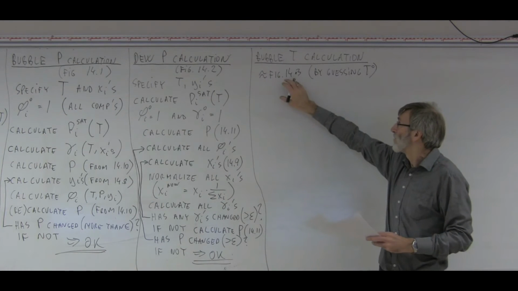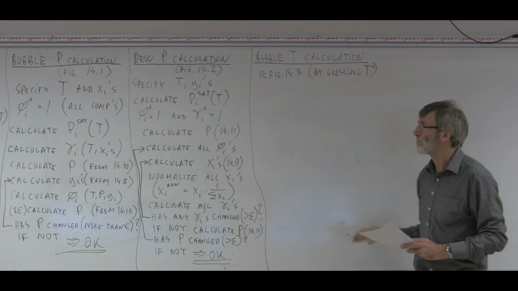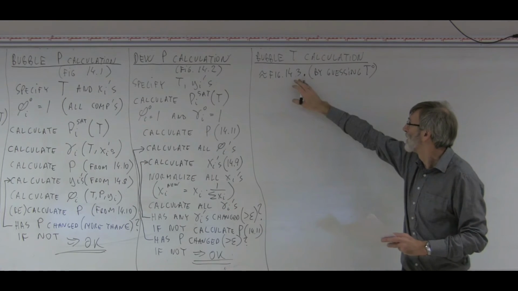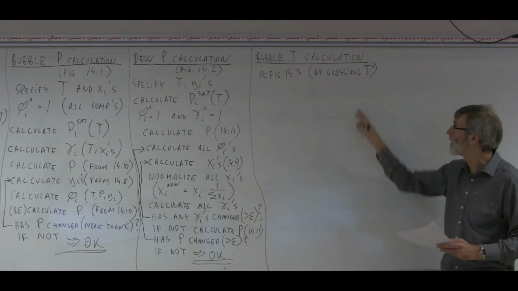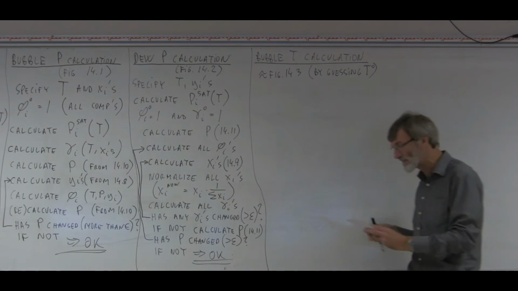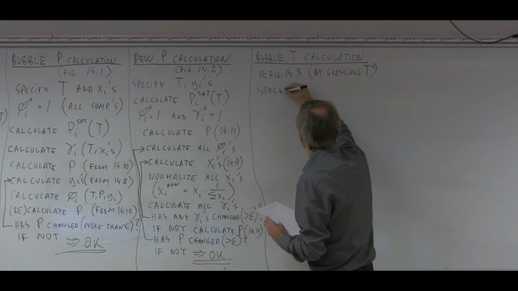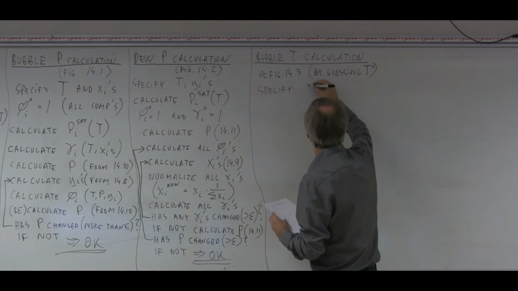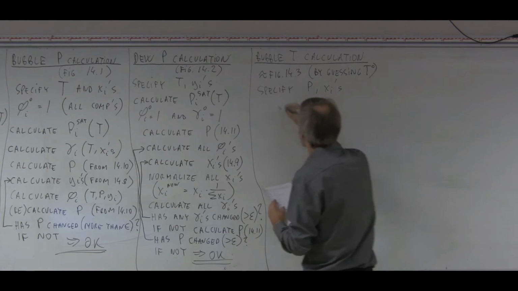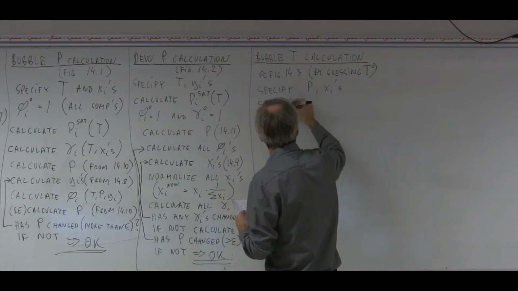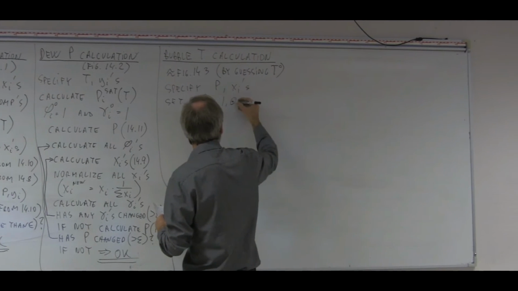The figure 14.3 has some method for estimating the initial temperature, I just start with a guess. The procedure starts with specifying the pressure and the x's, and to set the fugacity coefficients initially to 1.